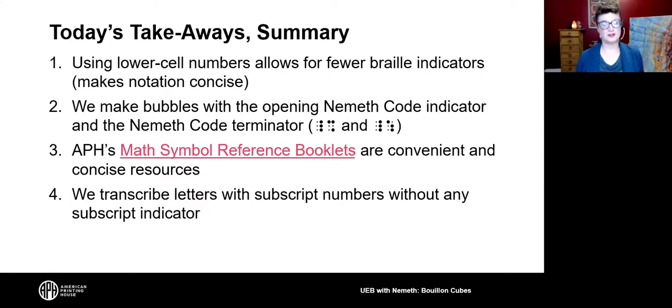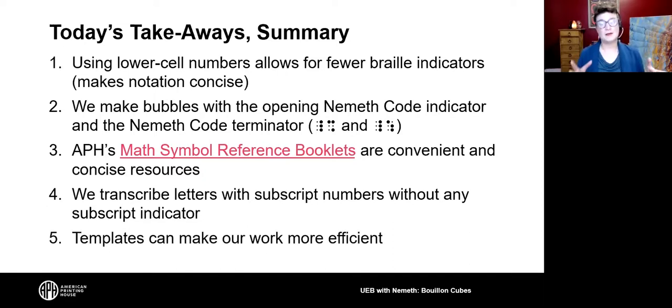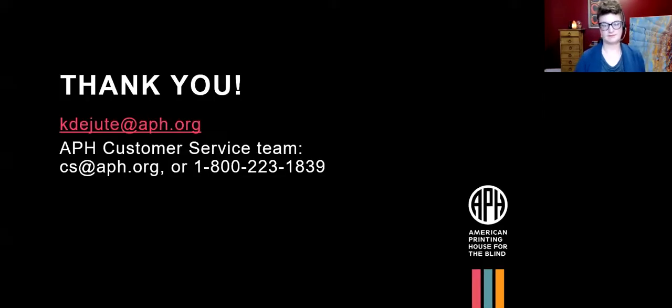We transcribe letters with subscript numbers very slickly, just having the number following right after the letter. We don't need any subscript indicator because any number following right after a letter is automatically a subscript, like in H2O. And templates, kind of like the examples in the ASCII Math Hub in Braille Blaster, having somewhere we can go to pull out the codes or symbols and then enter our specific information within them helps to make our work more efficient.